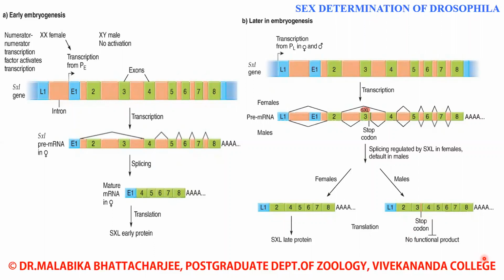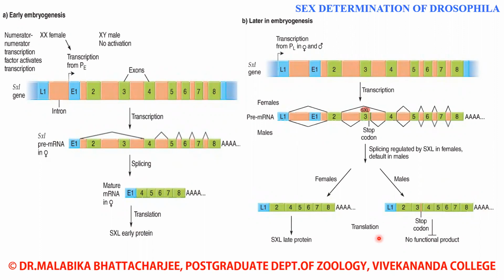So you have to consider two things from this particular slide that is open in front of you: in presence of the SXL early protein, regulated splicing is occurring. As a result of the regulated splicing, the two exons are removed and we are getting the SXL late protein. In absence of the SXL early protein, there is no regulated splicing occurring, and we are getting a default mature mRNA, which is ultimately giving no functional product.